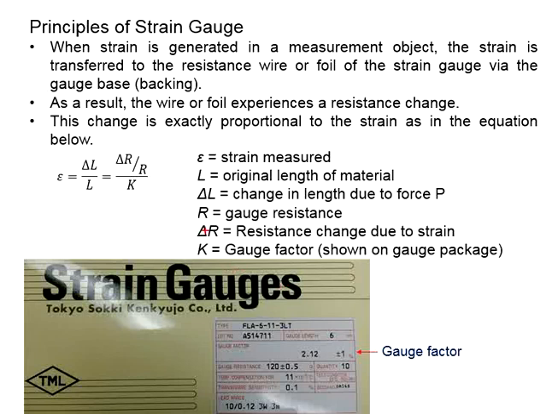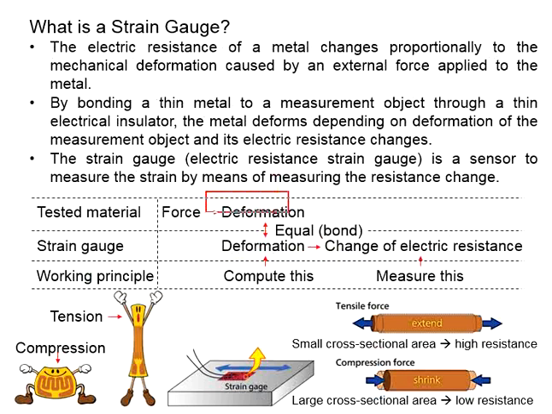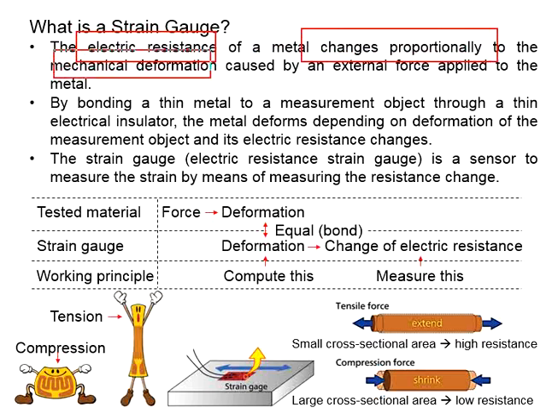It is based on the gauge factor. We assume the strength of the material will be the same as the strength of the strain gauge, and we also assume that the electrical resistance changes proportionally to the mechanical deformations of the strain gauge.